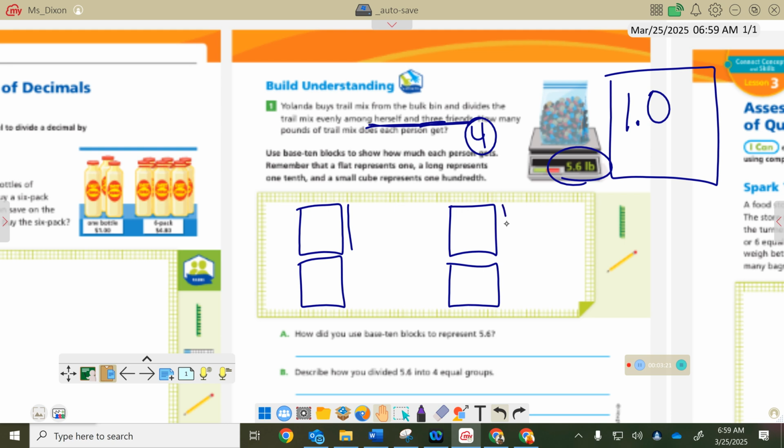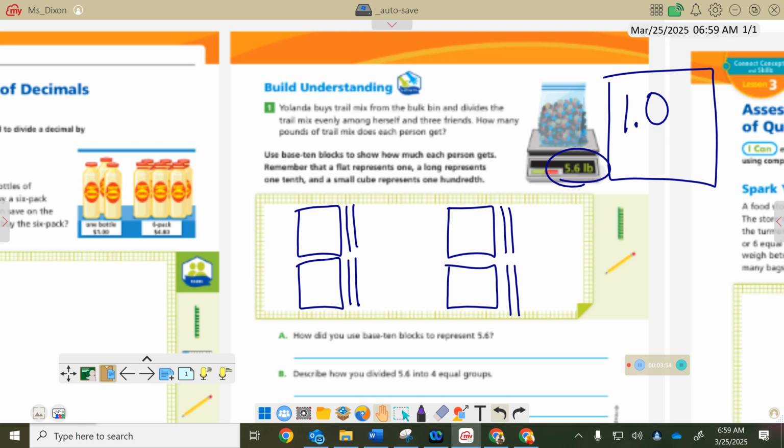1, 1, 1, 1. That's 4 of our 10. Do we have enough to keep giving it out? Yes, we do. 2, 2, 2, 2. That is 8 of our 10. Do we have enough to keep giving it out? Well, not from our 1 whole, but don't forget, we also have 6/10.